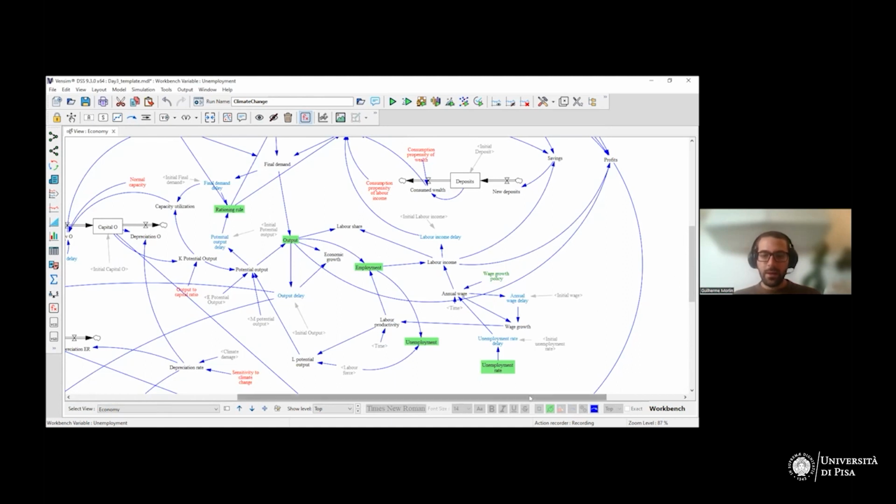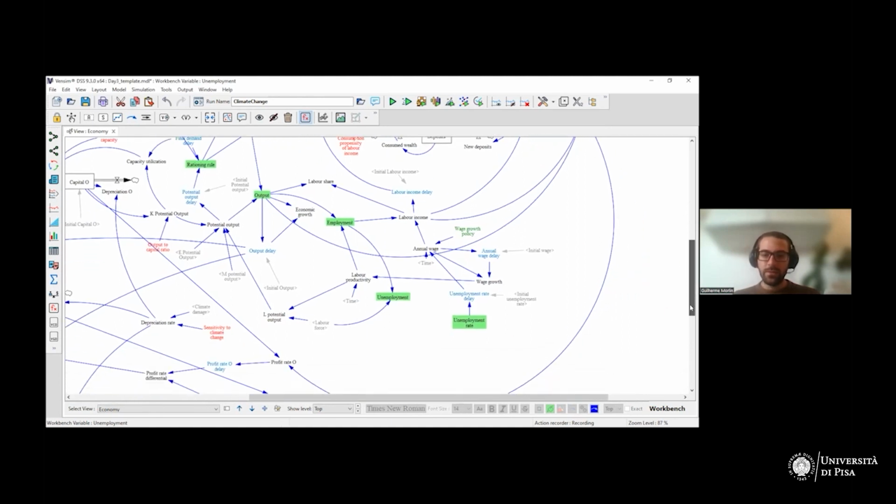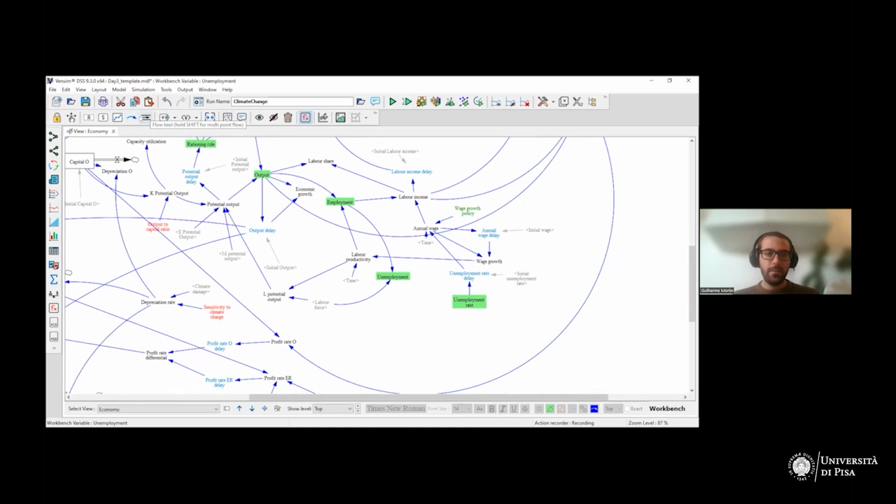And finally, I can compute the unemployment rate. So it is the number of people unemployed divided by the labor force. And there's something not working well here. Okay.